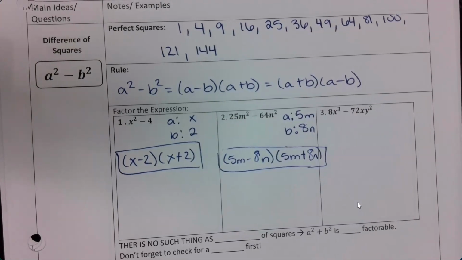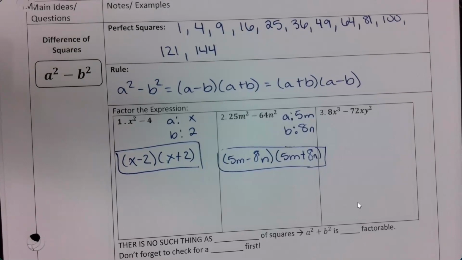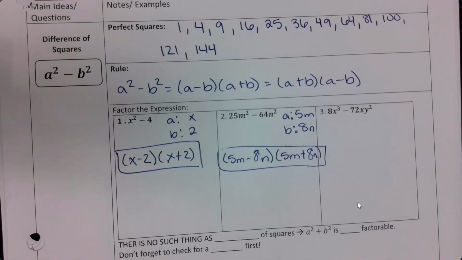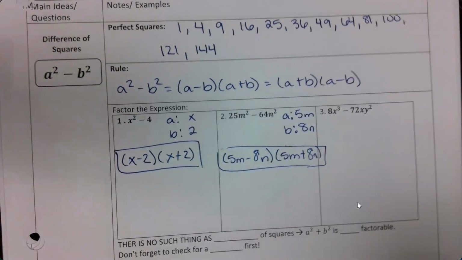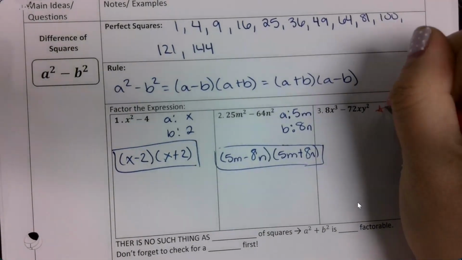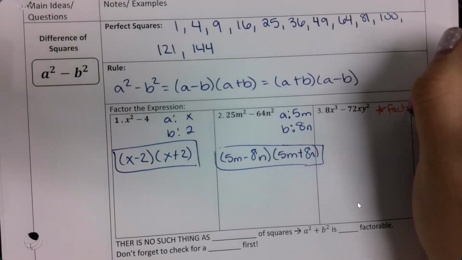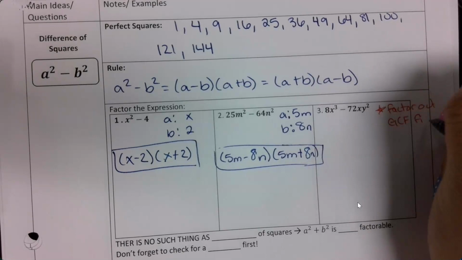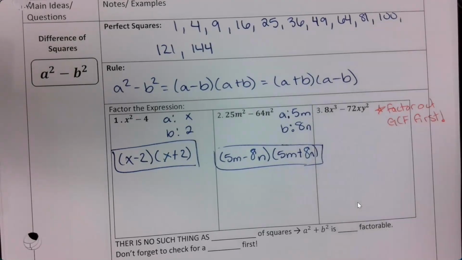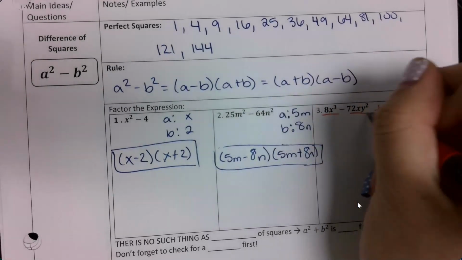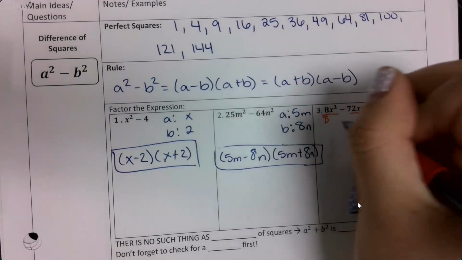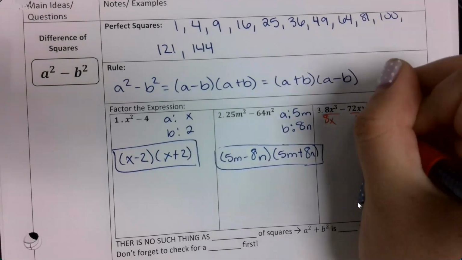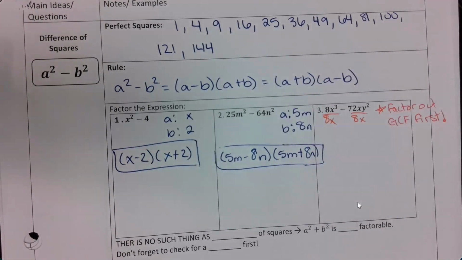So, on number 3, are these perfect squares? No. What do I need to do first? I need to factor out my GCF first. My largest number that divides both 8 and 72 is 8, and they both have at least one x.